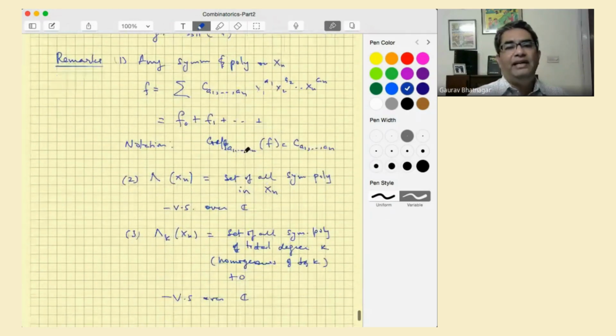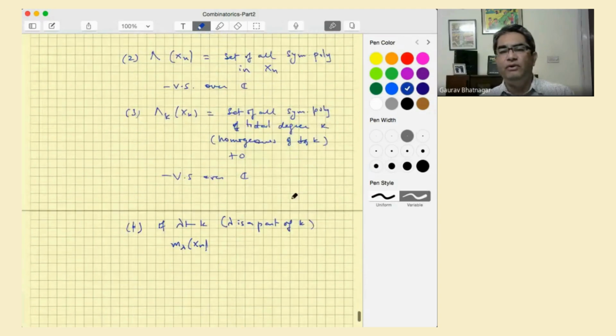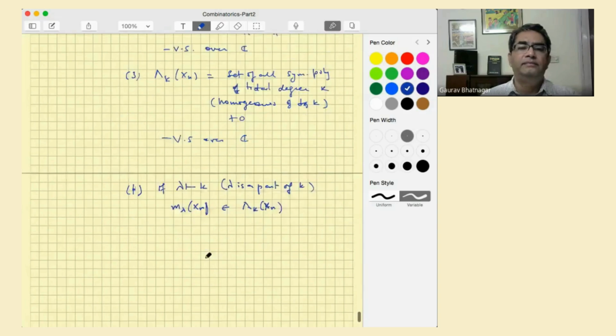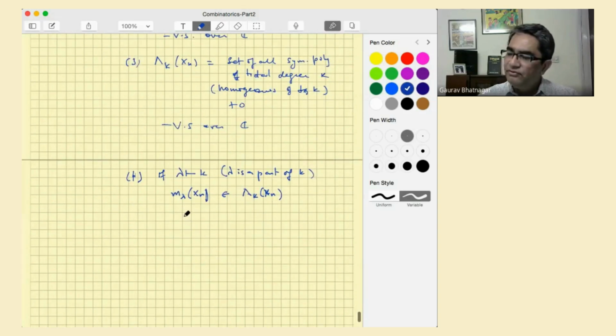Sometimes I'll have to write coefficient of delta is equal to 1 and so on. Okay, so where am I? So this guy is a member of this capital sigma k of n, the m lambda which we've defined.